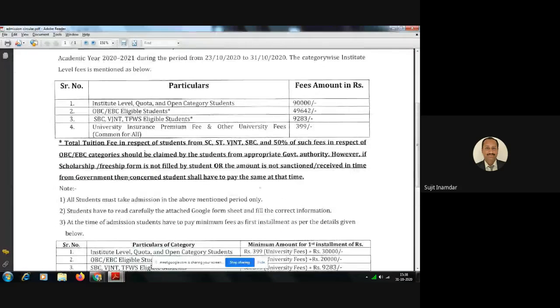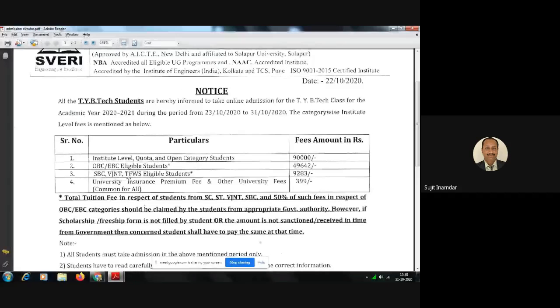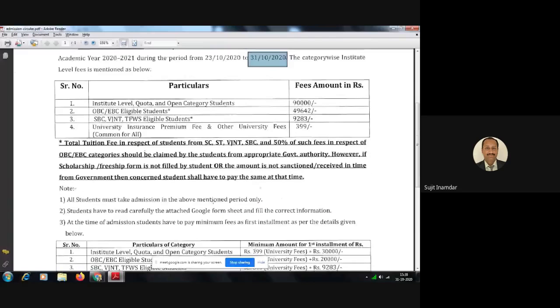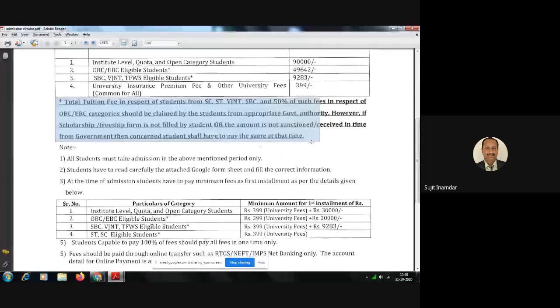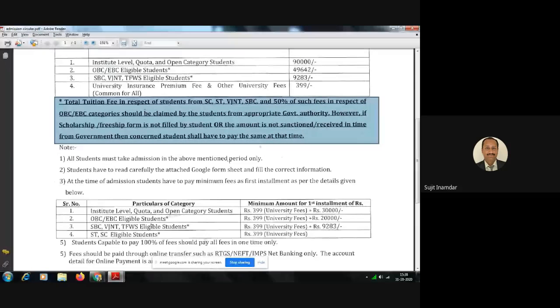Before that, one more thing: you can see on your screen the notice for the admission. According to them, today is the last day for taking the admission. This note is very important. Those who come in the A, B, C category, it is the duty of the student to apply for the scholarship, not the institute. As the login and password are with the students only, they are supposed to fill this and apply for the scholarship.